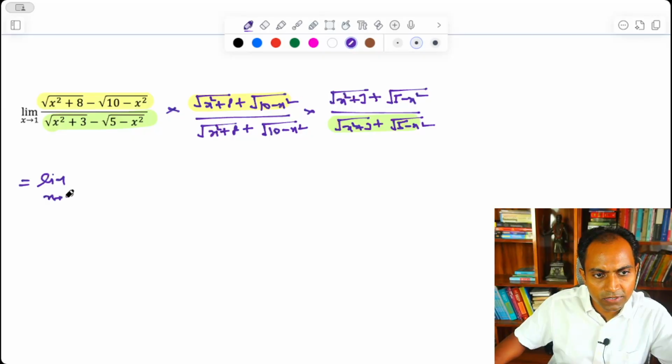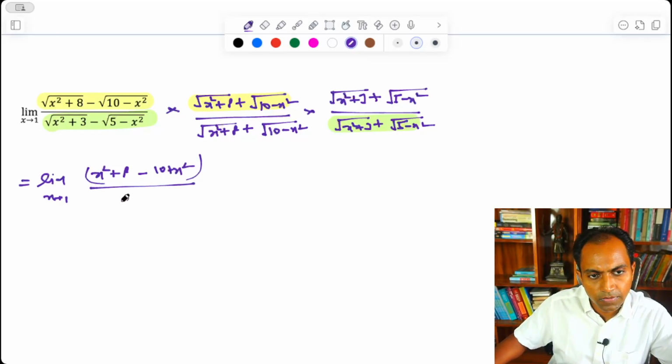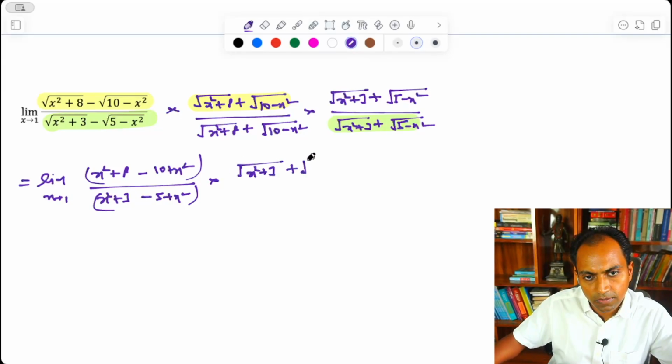So limit x tends to 1. This becomes x square plus 8 minus 10 plus x square. The denominator part becomes x square plus 3 minus 5 plus x square. And then you write the remaining part, root of x square plus 3 plus root of 5 minus x square divided by root of x square plus 8 plus root of 10 minus x square.